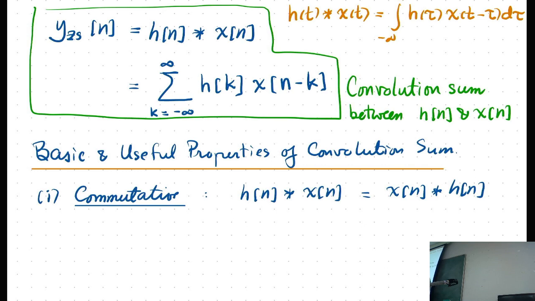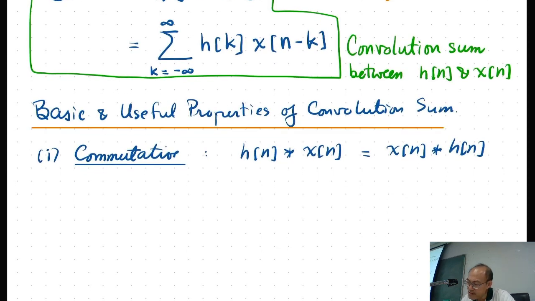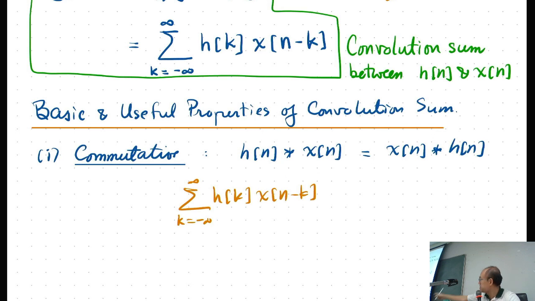To prove this, it is not that simple because you see, if you look closely, the left-hand side is summation k equal to minus infinity to infinity h[k] times x[n minus k], right? This is the left-hand side, but the right-hand side is this.